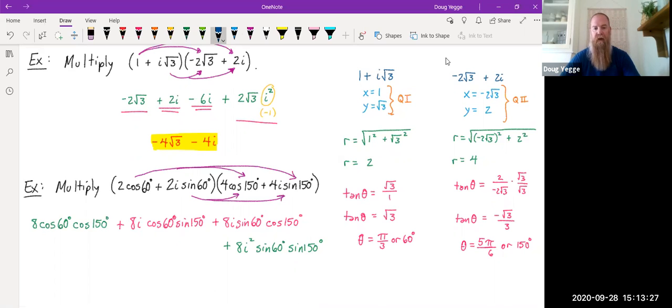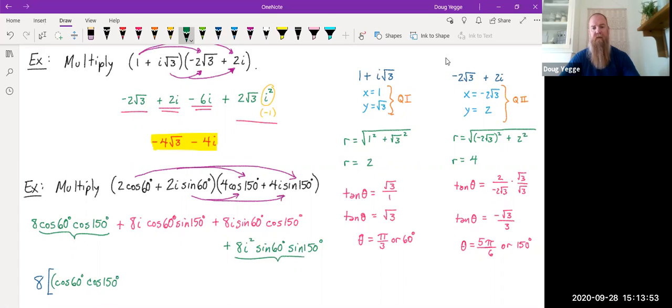First of all, I should realize that every term has an 8 out in front. So I could factor out that coefficient of 8. I'm now going to group together the imaginary parts and the non-imaginary parts. So let's first deal with this, which we get cosine 60 degrees, cosine of 150 degrees.